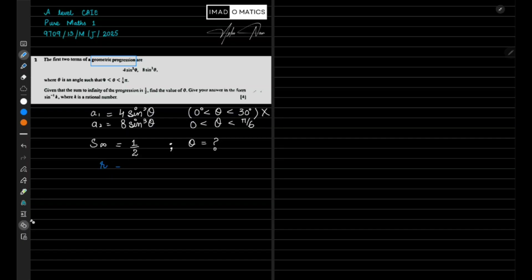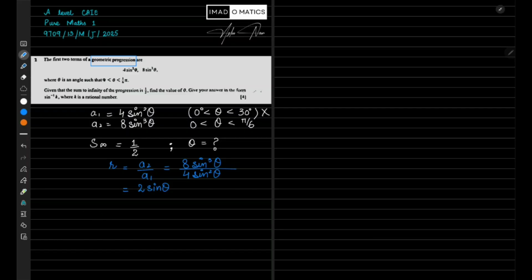For the common ratio, we can do r equals second term over first term. So 8 sine cube theta over 4 sine square theta. That gives you 2 sine theta. Now this is your common ratio.